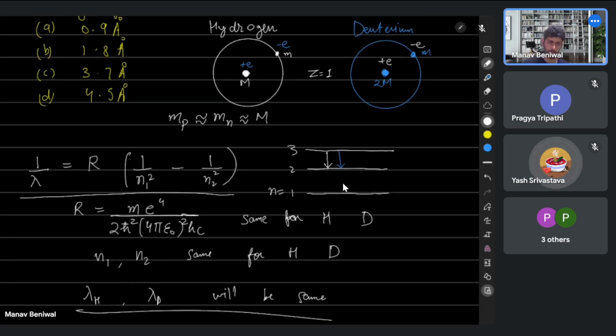We are assuming that the value of mass will be same for H and D. Yes, so what we are assuming here, as was also mentioned in the classes, is that your nucleus has infinite mass, that the mass of your nucleus is infinite and your nucleus is fixed in one place and only your electron is revolving around your nucleus.